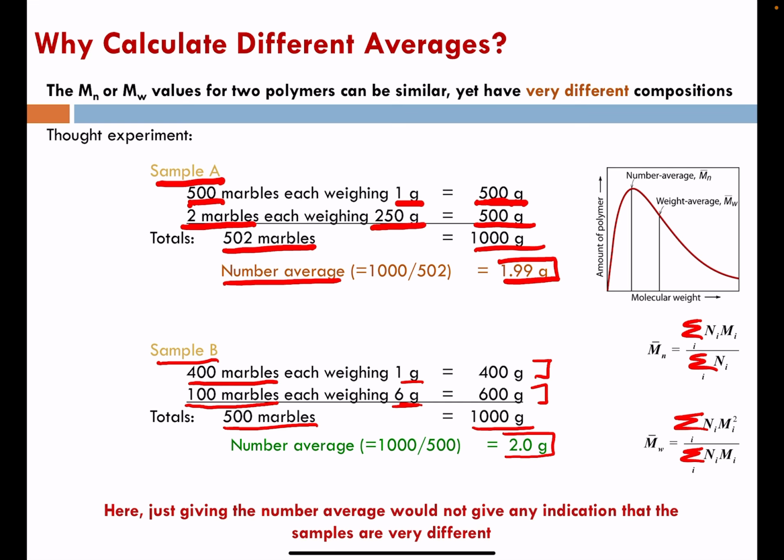When we turn instead to weight average information, we learn just how much range there is in the mass of the specimen.